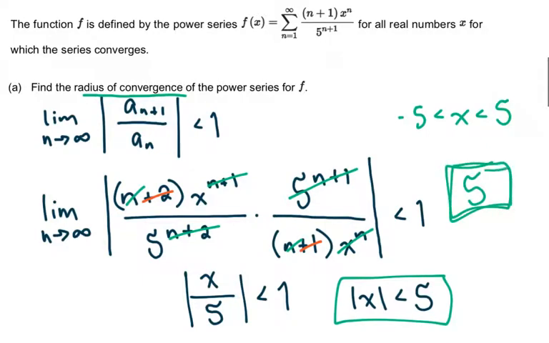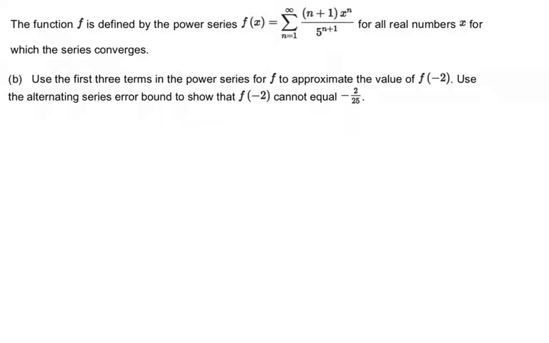All right, looking at part B, write the first 3 terms of the power series to approximate the value of f of negative 2. So what they're just asking you to do is expand this out for the first 3 terms. So you've got your n equals 1 term, n equals 2, and n equals 3.